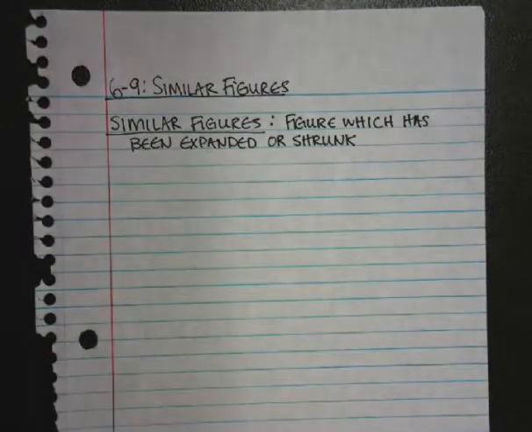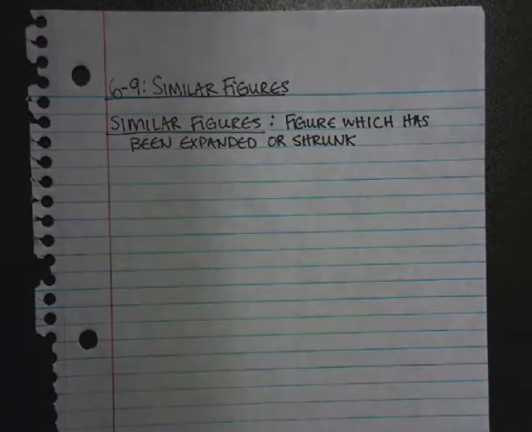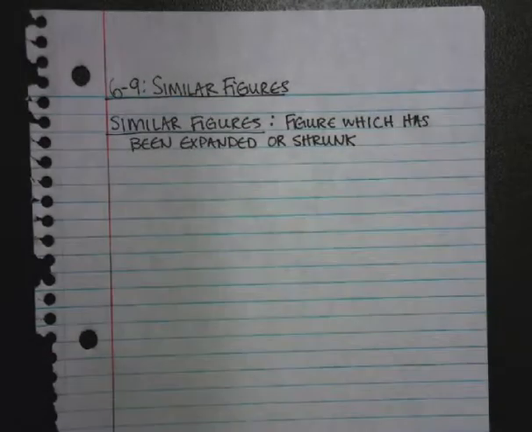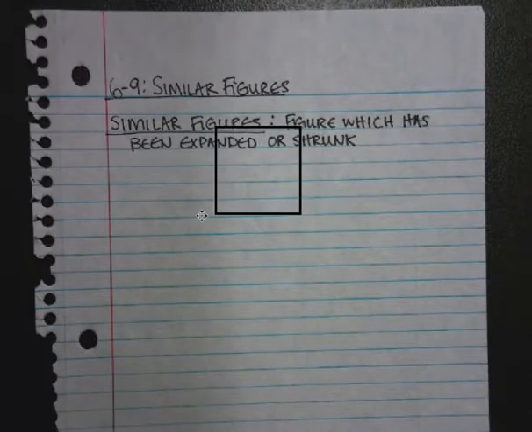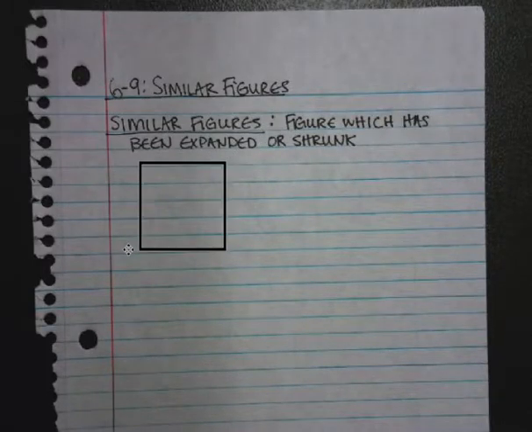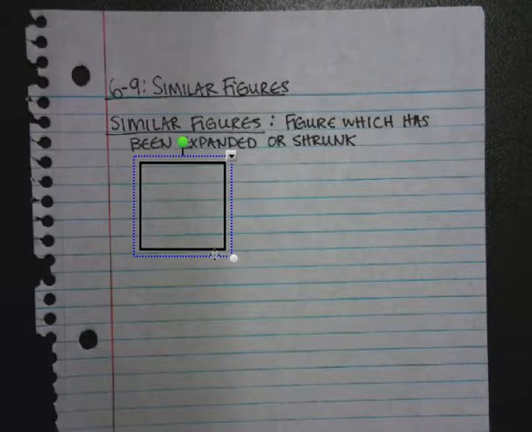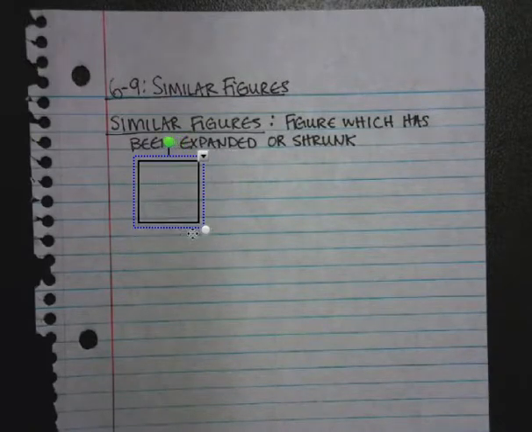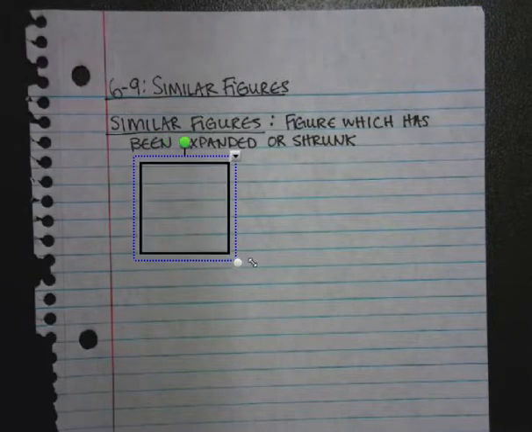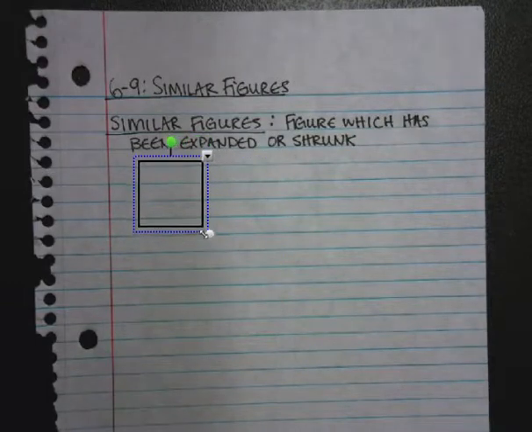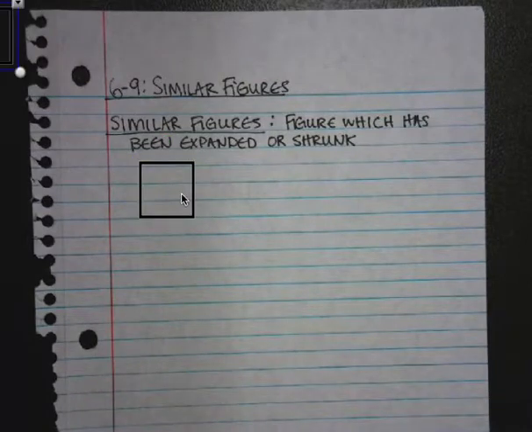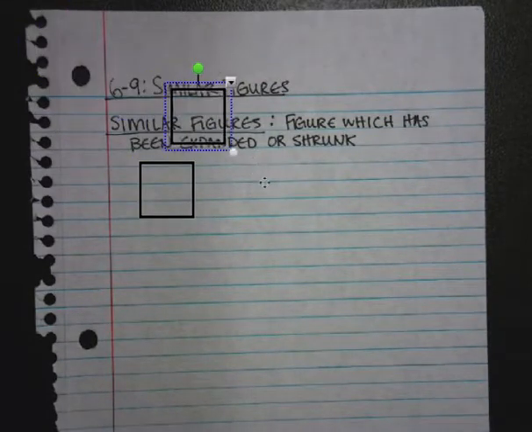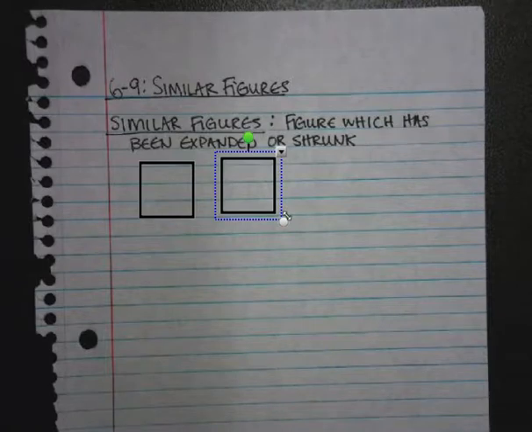Okay, so we can look at this square. I have this square here, and I can go ahead and resize it. So I'm shrinking it, or I'm expanding it. I just copied this square.